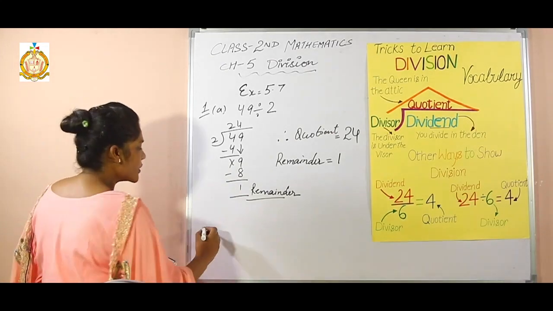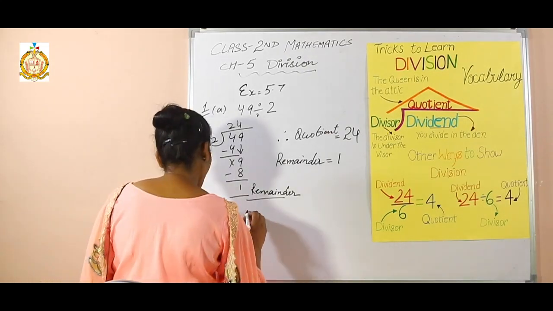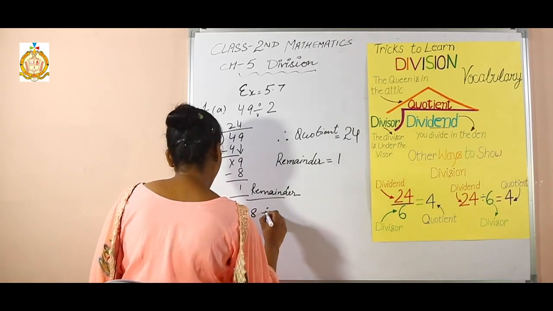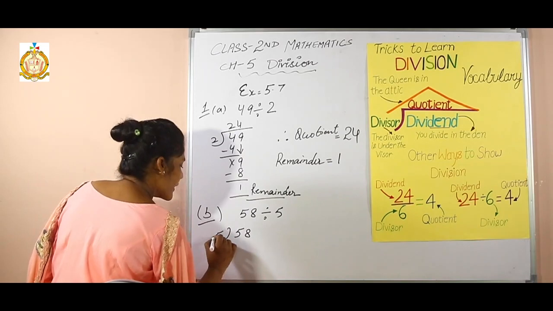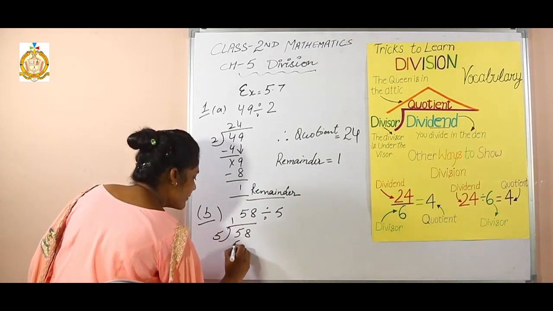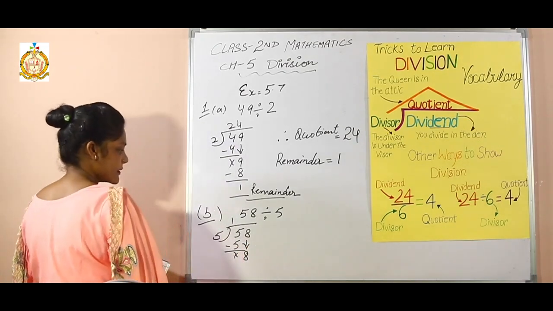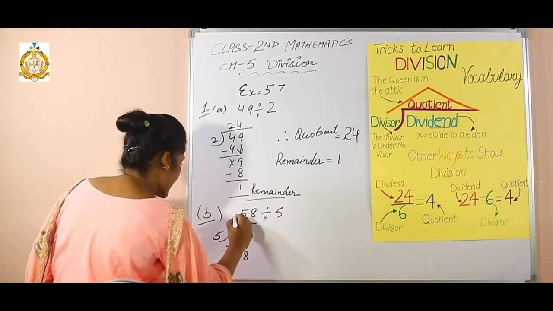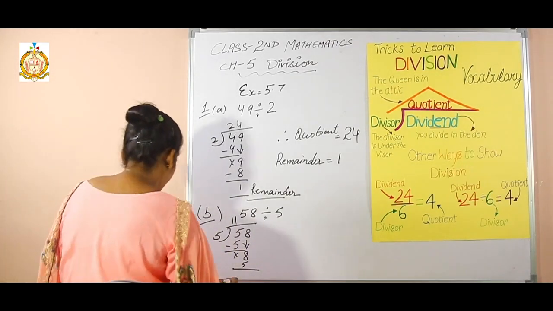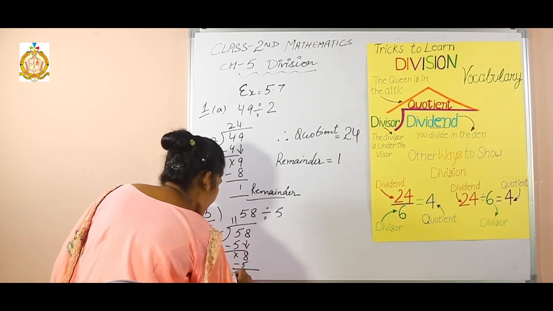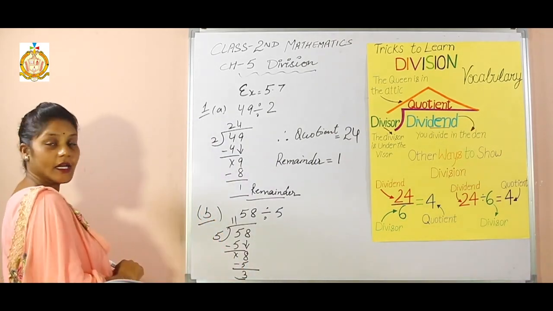I want to solve one more, sum number B: 58 divided by 5. 5 ones are 5, here is 8. Again 5 ones are 5. And what is the remainder? After minus, the remainder is 3. Clear, everyone?